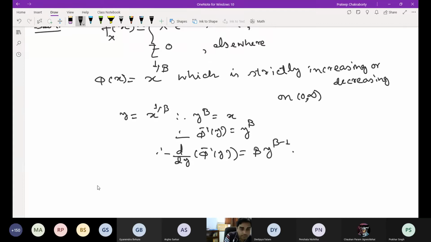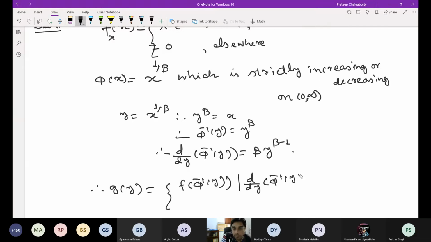So g of y is f of phi inverse of y times mod d/dy of phi inverse of y, if y belongs to phi of (0, infinity), and 0 elsewhere.